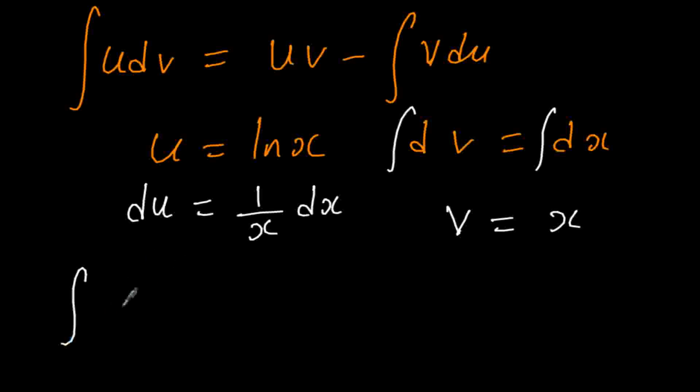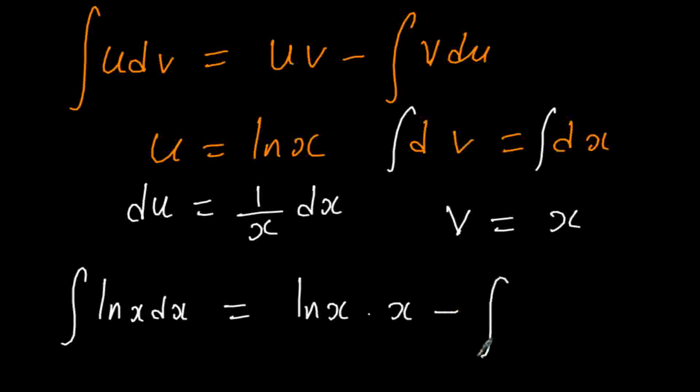the integral of ln x dx equals uv. u is ln x times v, which is x, minus the integral of v, which is x, times du. du is 1 over x dx.